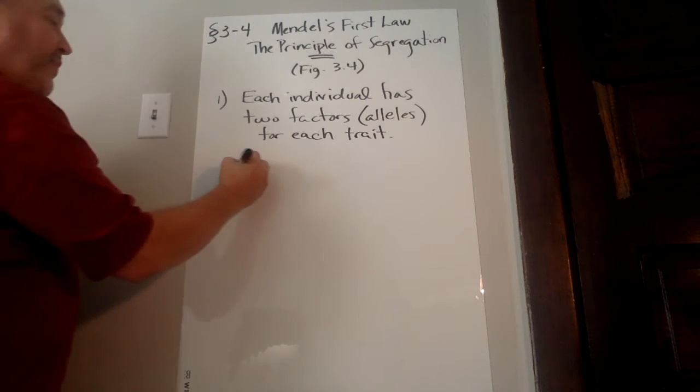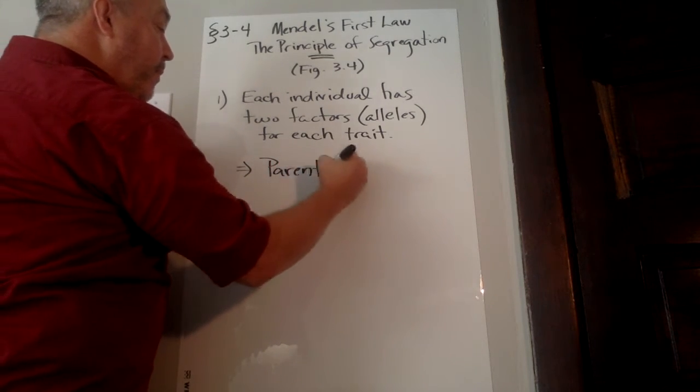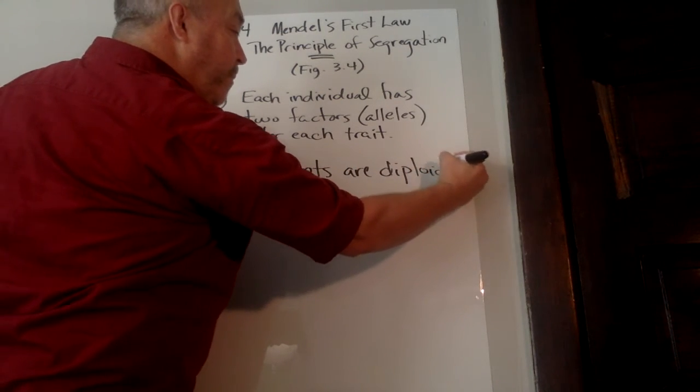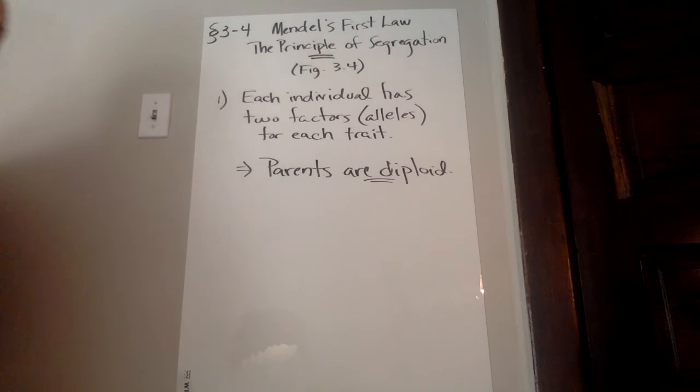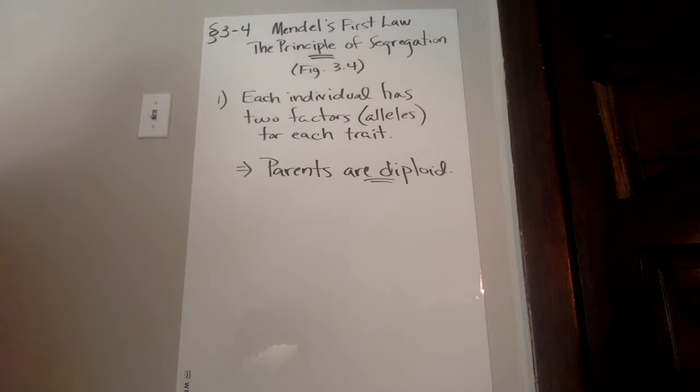In essence, he surmised that the parents are diploid. Because that's what it means to be diploid. You have two copies of each one of your genes. Each of those may be the same allele or they may be different alleles, but you have two copies.